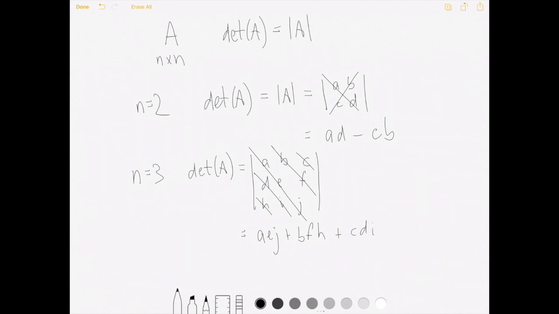Then, using a different color, we're going to subtract these products coming up from the bottom, that one and that one. Okay, so let's go back to black. So we've got minus hec, minus ifa, and minus jdb.